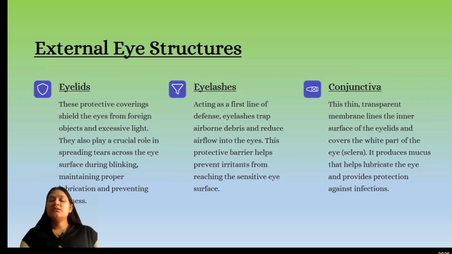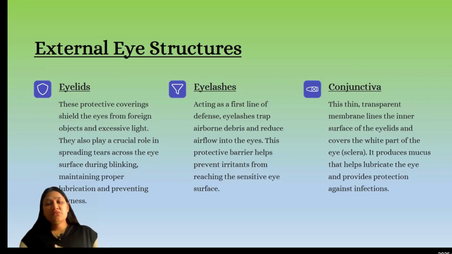Eyelashes are the hairs on the eyes, and they trap airborne particles and debris in front of our eyes, providing a protective barrier that prevents irritants from reaching the sensitive eye surface.